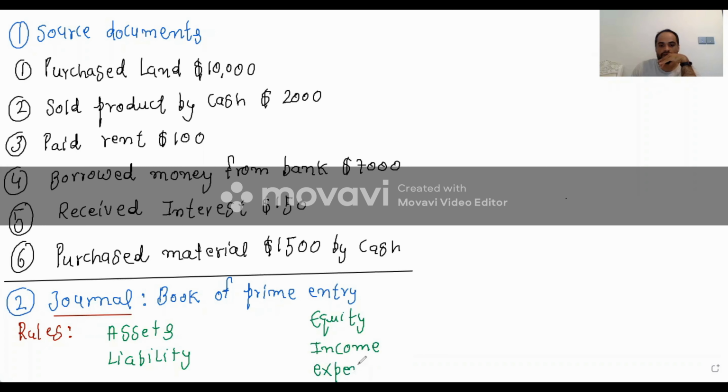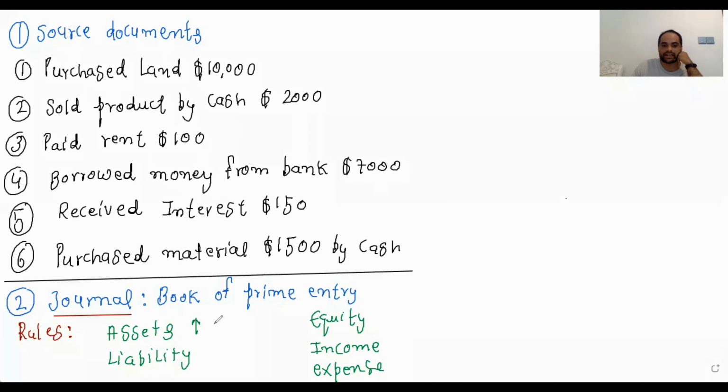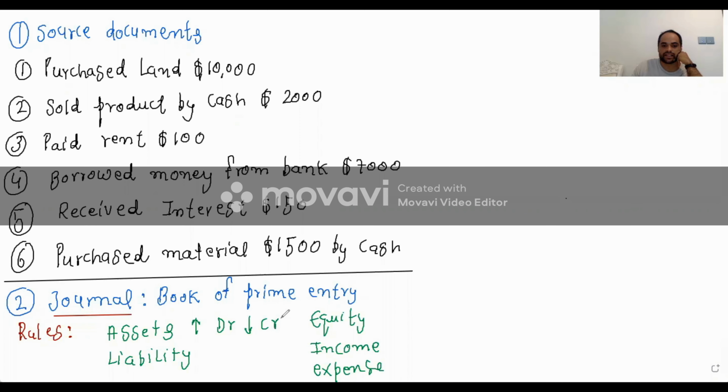You know that we have 5 elements. So always remember, if assets increase, assets debit; assets decrease, assets credit; liability increase, credit; liability decrease, debit.